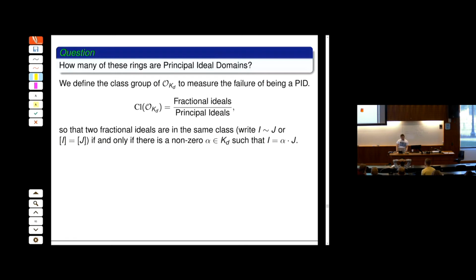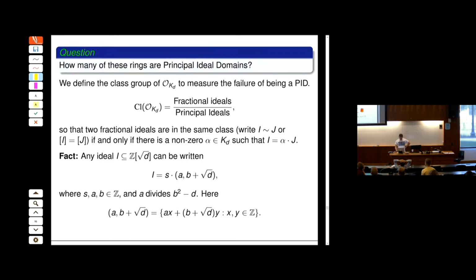So we want to relate ideals, and two ideals will be related if they're in the same class in the class group, if and only if there is some non-zero alpha such that I equals alpha times J. Okay, so one fact is that any ideal in, for instance, Z adjoin the square root of d, you can actually write in this form.